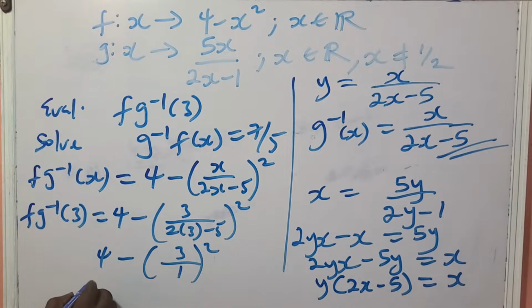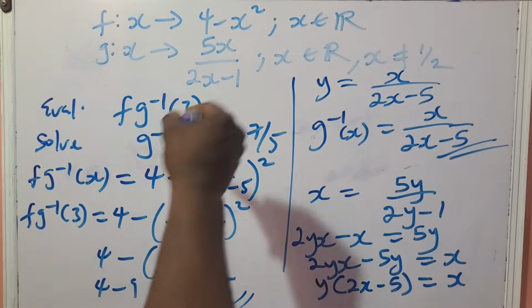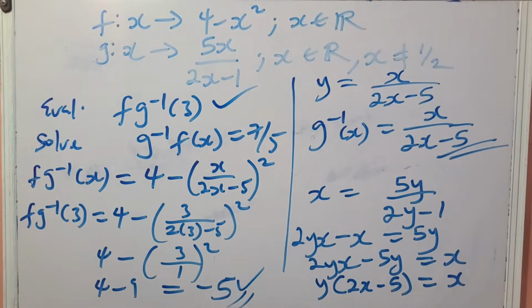That will be 4 minus 9. Am I moving the right way? So that will be 4 minus 9, and this will be equal to minus 5. So you can see the answer to this very first one. We're told to evaluate. The answer is minus 5. I'm sure that makes sense to everyone.